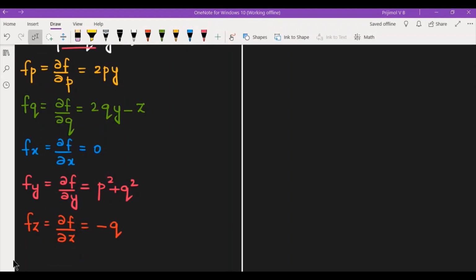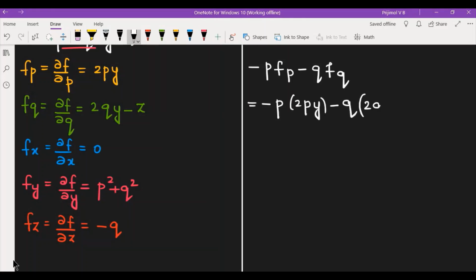Next we find p fp plus q fq. Substitute fp and fq in this relation. Simplify this further. Take common from the first and second term.